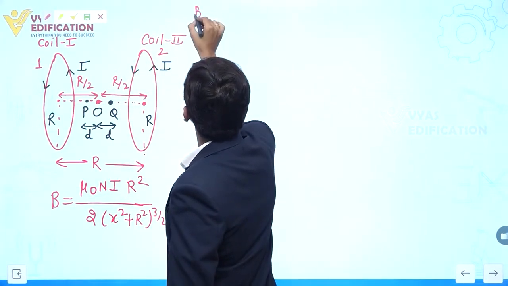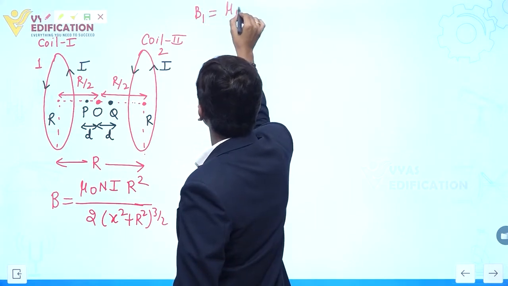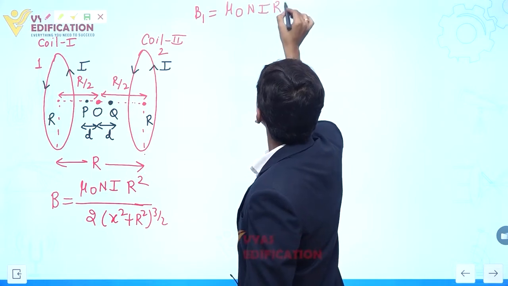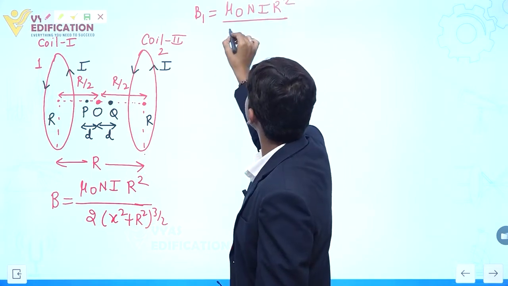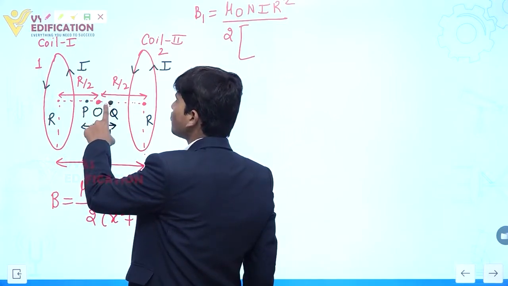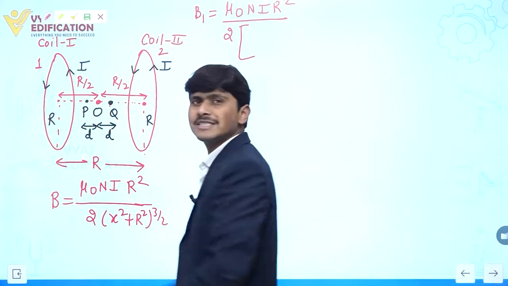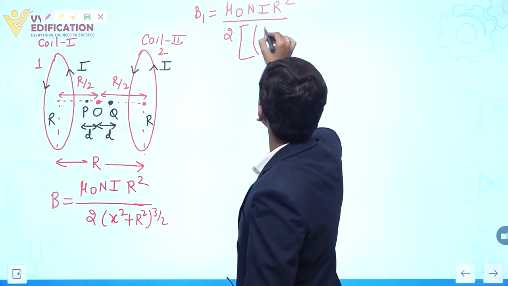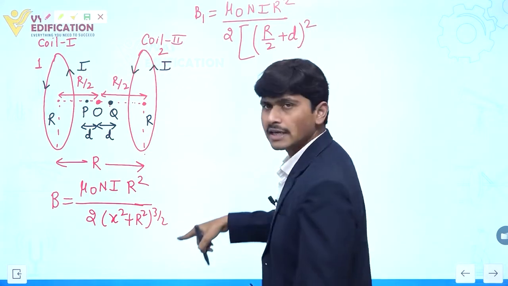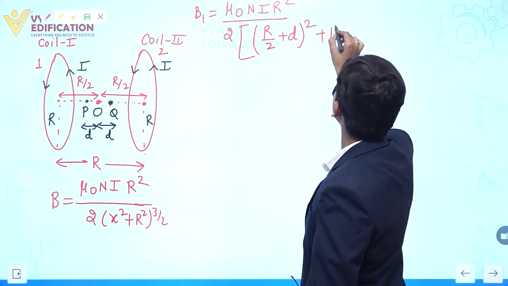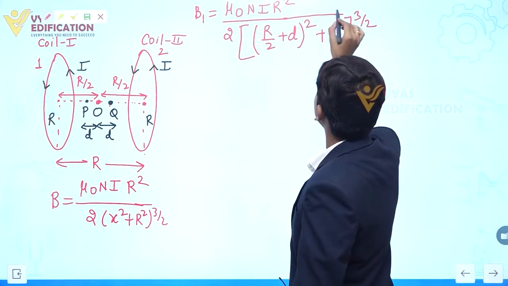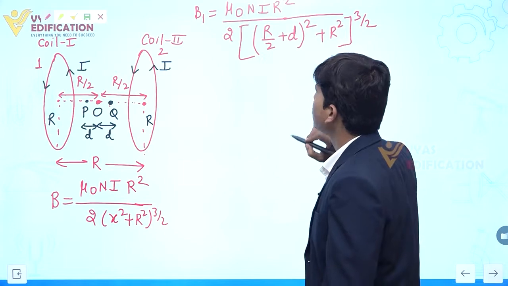B1 is mu naught N i r square divided by 2 times (x square plus r square) power 3 by 2, where x for point Q is r by 2 plus d. So this is (r by 2 plus d) whole square plus r square, power 3 by 2. This is the value of B1.